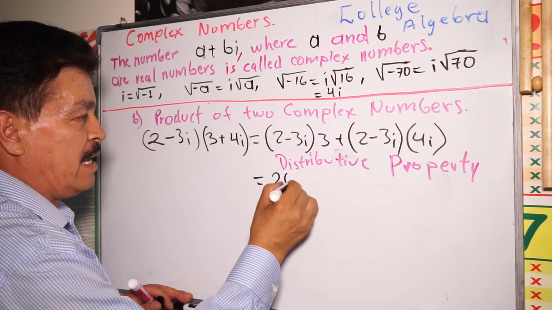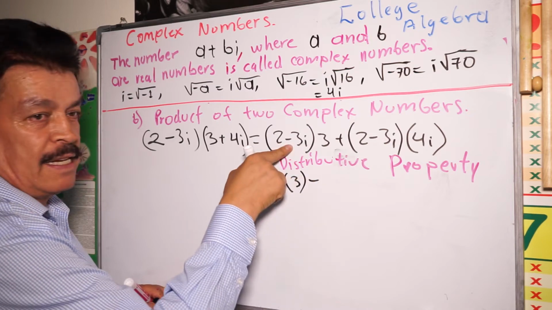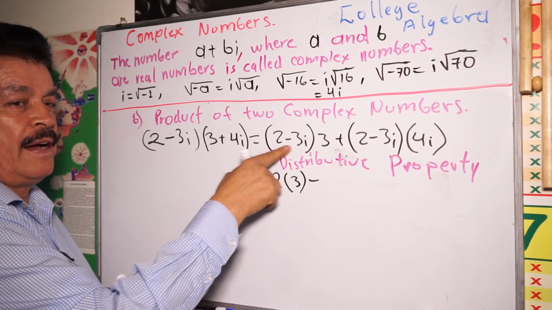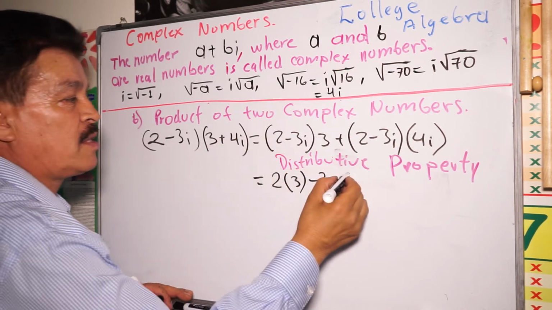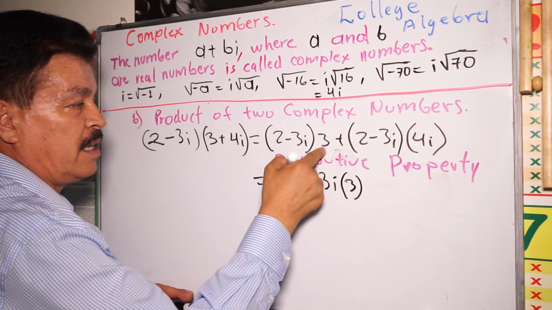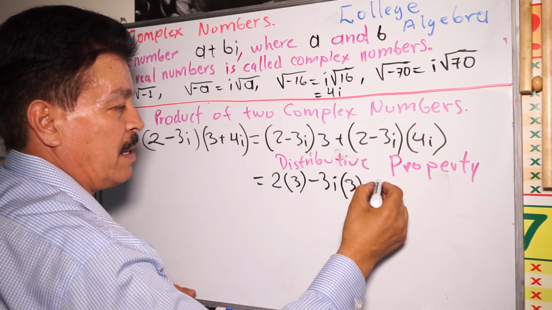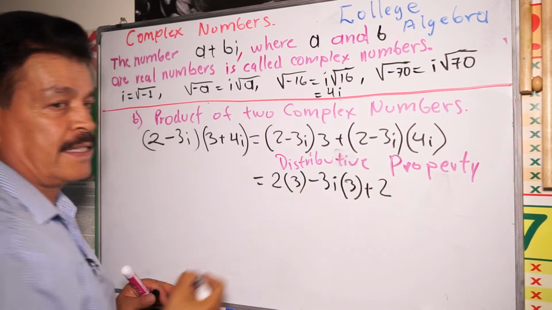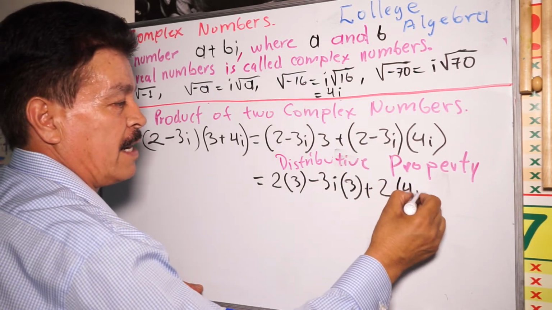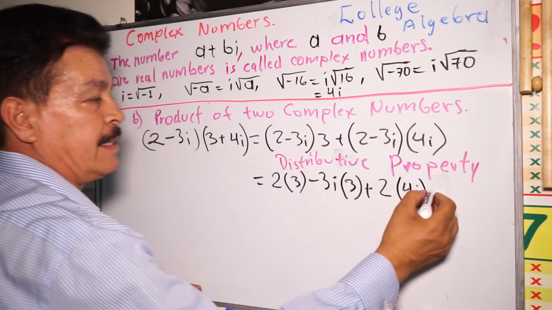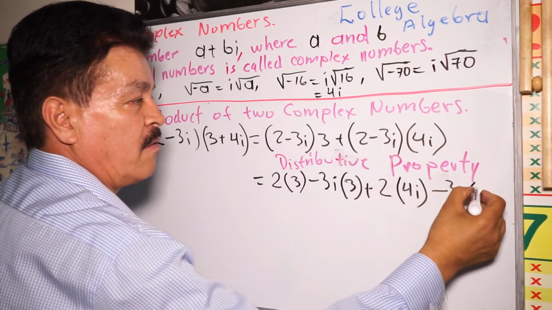first 2 times 3. Okay, minus 3i, minus 3i times 3 here. Plus, let's multiply 2 times 4i, minus 3i, this 3i times 4i.